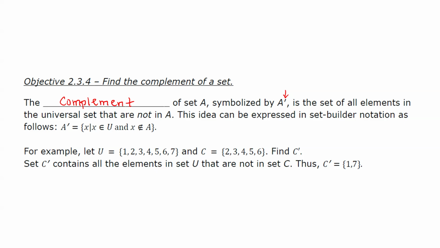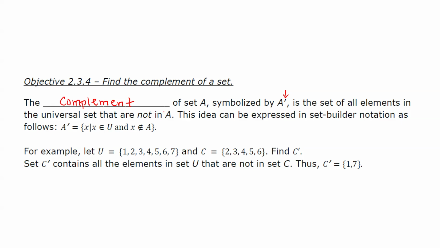A prime, or the complement of set A, is going to equal all x values such that x is an element of the universal set and x is not an element of A. For example, if we let the universal set equal 1, 2, 3, 4, 5, 6, and 7, and set C equal 2, 3, 4, 5, and 6, and we were asked to find the complement of C, the set C prime is going to contain all the elements in the universal set that are not in set C. And those would be the numbers 1 and 7.